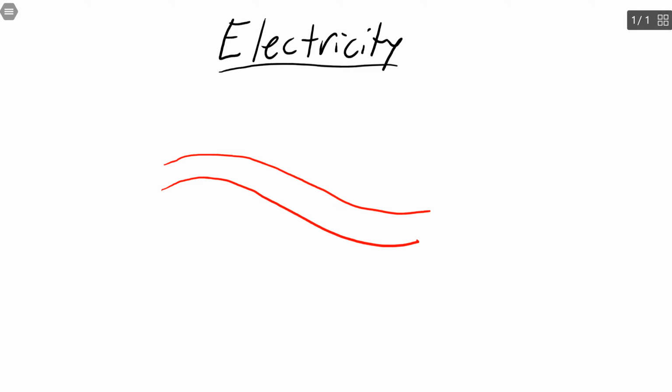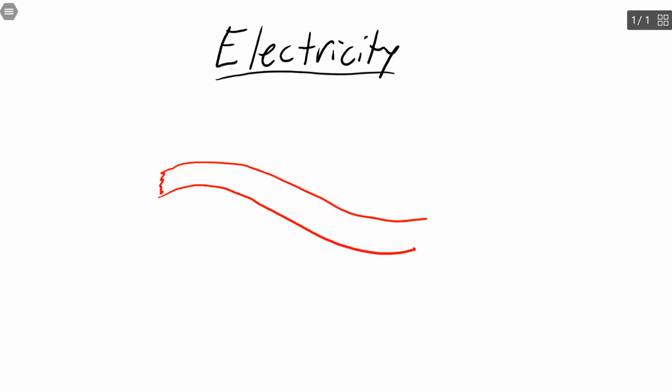Throughout this unit, we're going to be making an analogy of electrons to water. We talked about this in class. You could think of this as a wire that's being cut at both sides. Let's draw this side like that. So this is inside the wire, and we have the electrons.